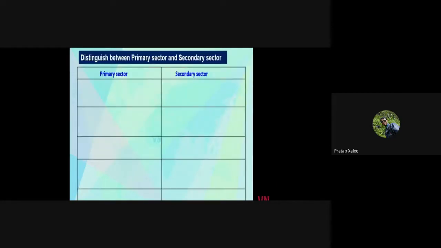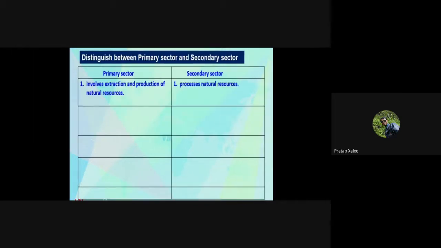Now we understand these two sectors better by distinguishing them. When I say primary sector, it involves extraction and production of natural resources, whereas in the secondary sector, the same products that we happen to get in the primary sector are processed.